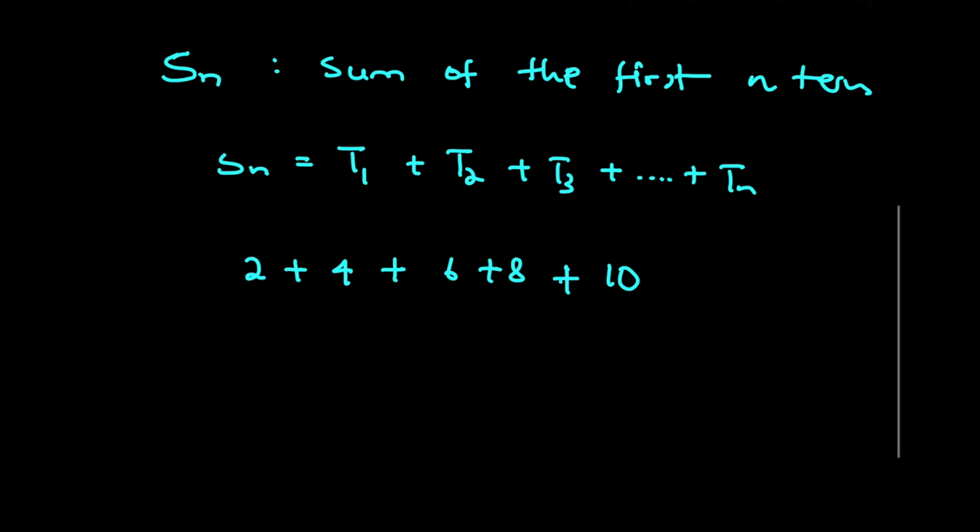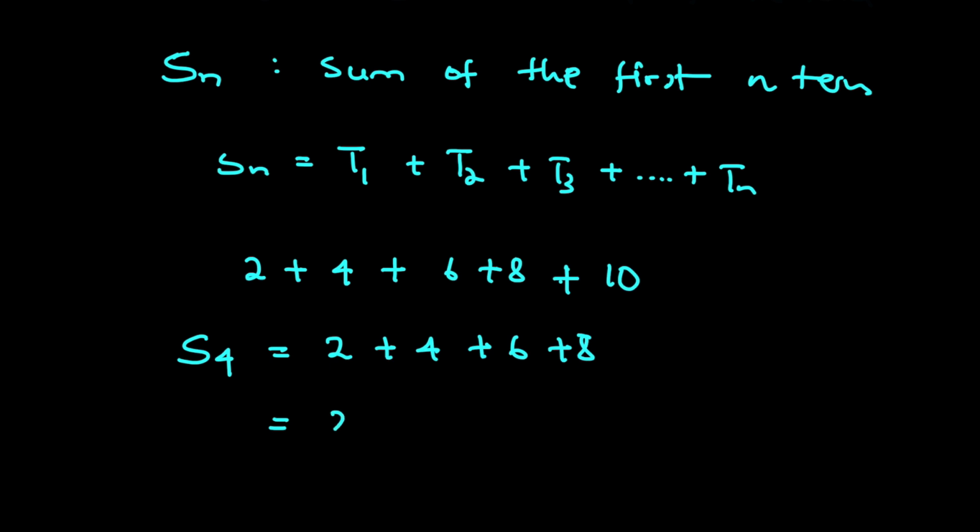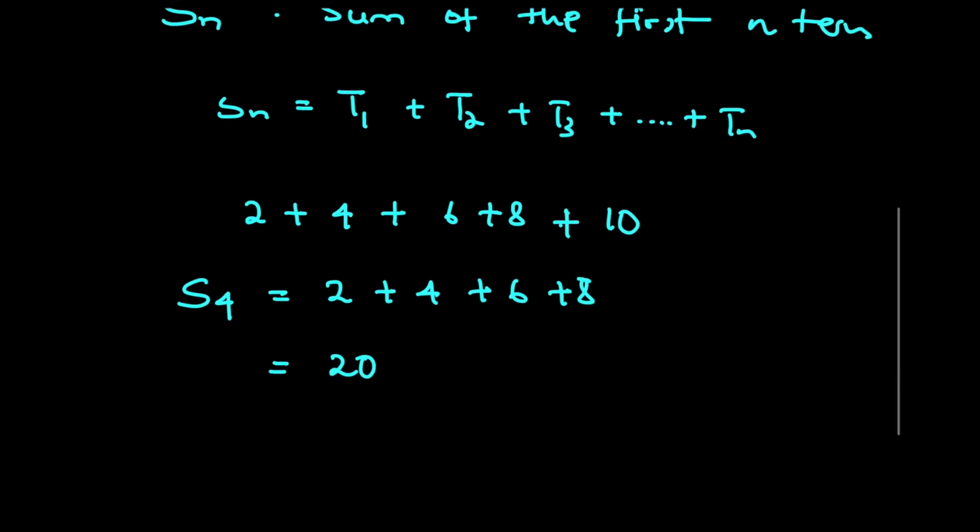Let's say we are interested in the sum of the first 4 terms. That is going to be S4, so 2 plus 4 plus 6 plus 8. 2 plus 4 is 6, 6 plus 6 is 12, 12 plus 8 is 20. So the sum of the first 4 terms is 20.